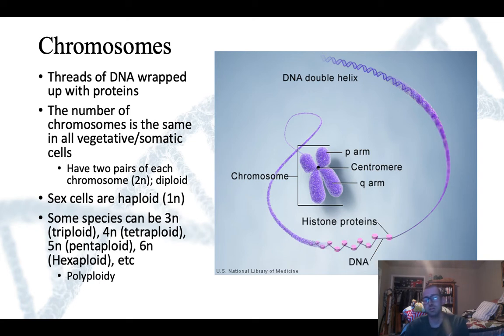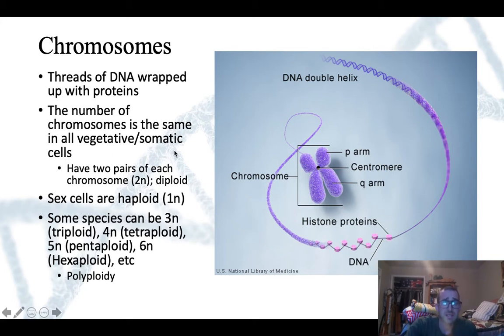And most organisms have 2 copies of each chromosome. Right, and we refer to them as diploid, or 2N, that you see here. N stands for a single set of chromosomes, right? So you have a single set of 23 chromosomes and a copy of each one, which gives you a total of 46.